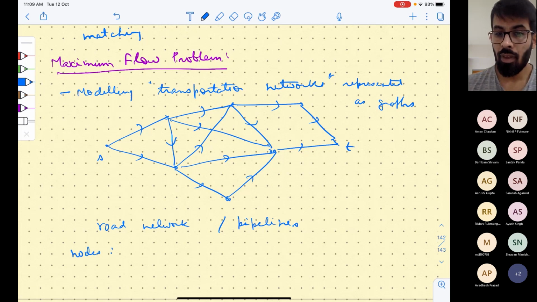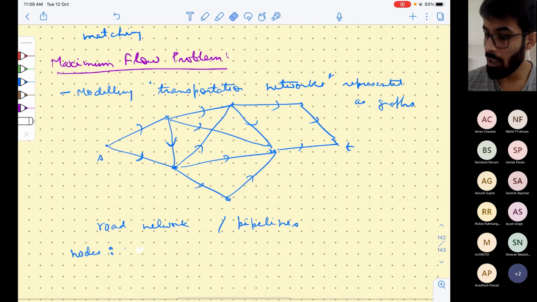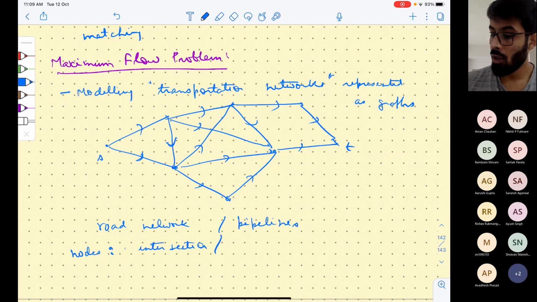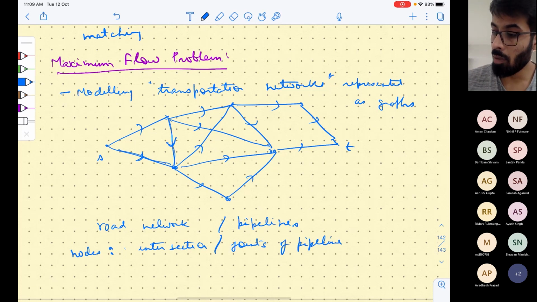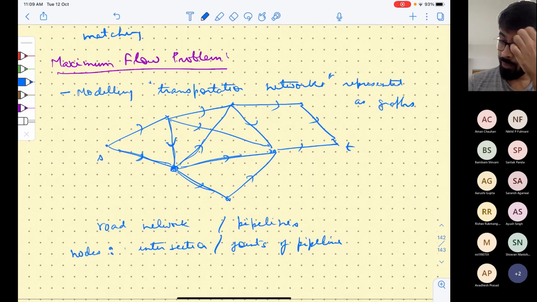Nodes represent the interchanges, intersections, or the points of joints in the pipeline system. So suppose this is a road, and this is an intersection where these roads combine and go somewhere else. So nodes are the intersections in the road network, or joints in the pipeline. One pipe comes from here, another pipe comes from here, they get joined here, and then they get redistributed into these three.